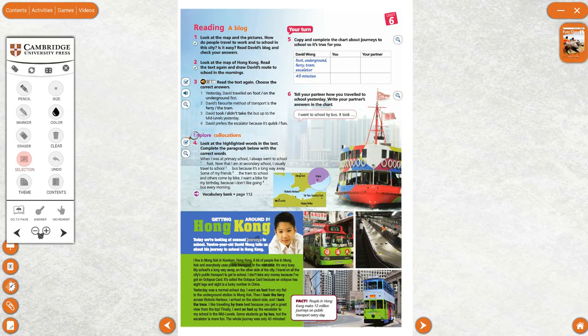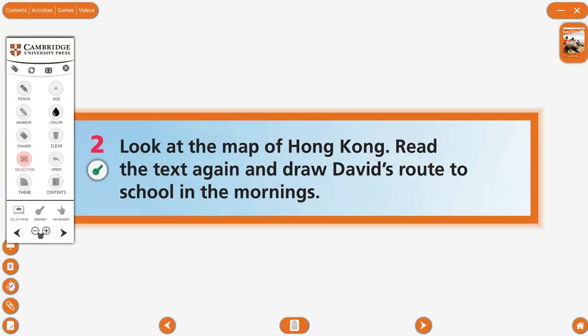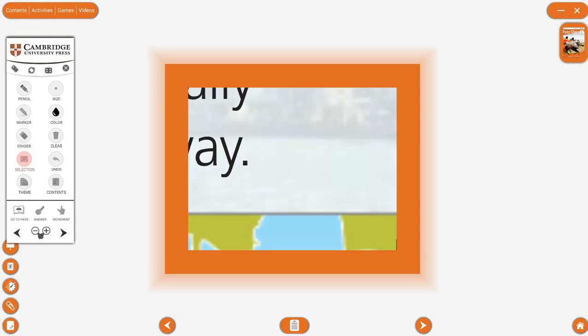Look at exercise 2, please. Look at the map of Hong Kong, read the text again, and draw David's route to the school in the morning. Firstly, we will look at the map and draw David's route to the school in the morning. Map is here.